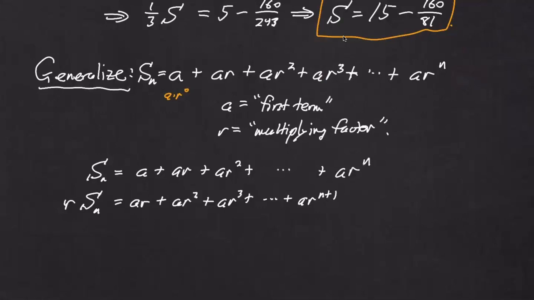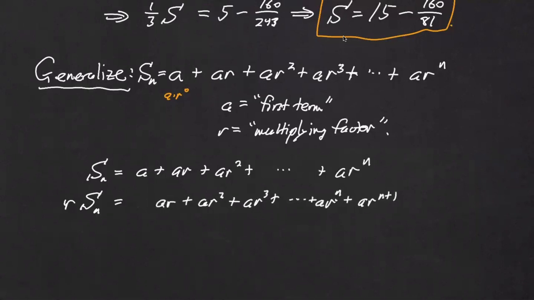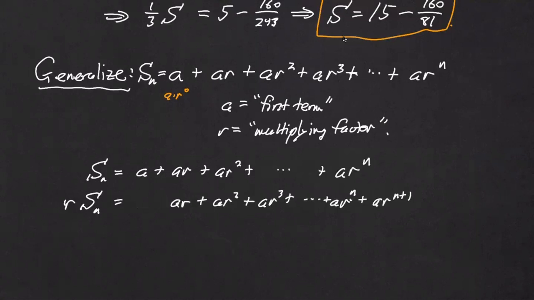And so in fact, if I move this over to here, maybe I have enough room to put in, ooh, I picked up one of my dots, but I have room to put in plus AR to the N as the previous term, right? That's the term that would have been just before that. And then I can take the whole thing and push it over so it all lines up nicely and subtract.